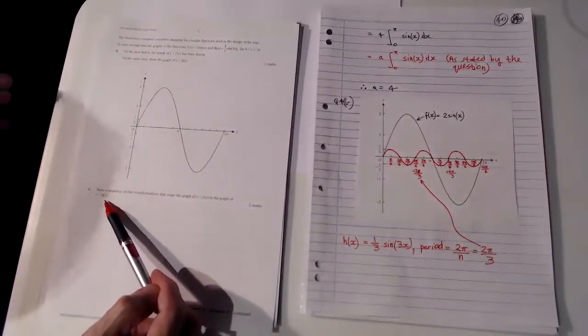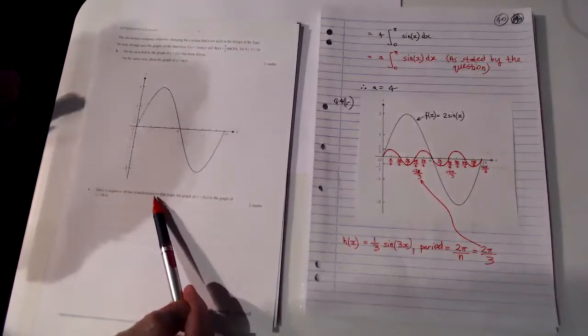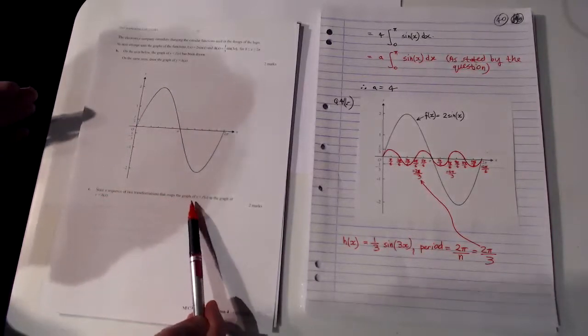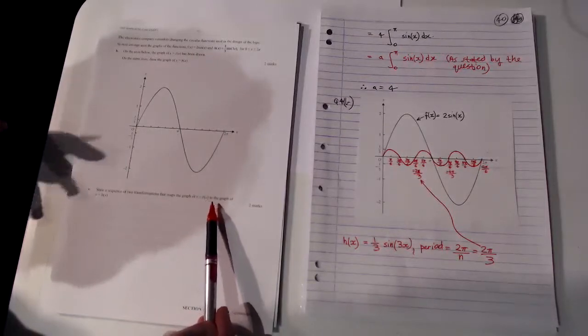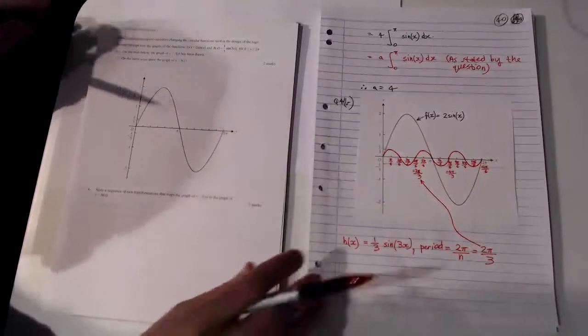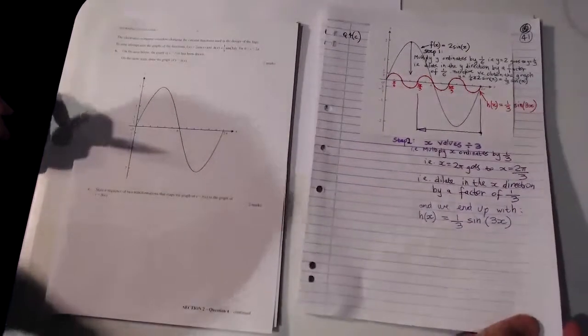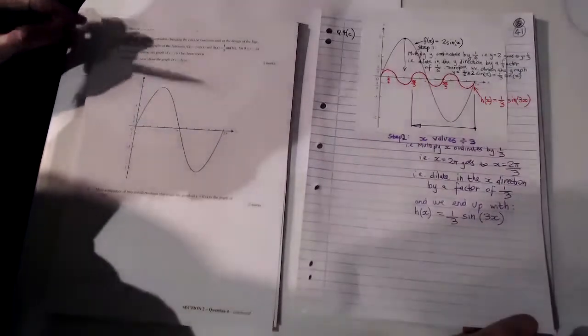So what the question is really saying is, state a sequence of 2 changes that maps the graph of y equals f(x) to the graph of y equals h(x). How do you do C? Well, C is done in the following manner.